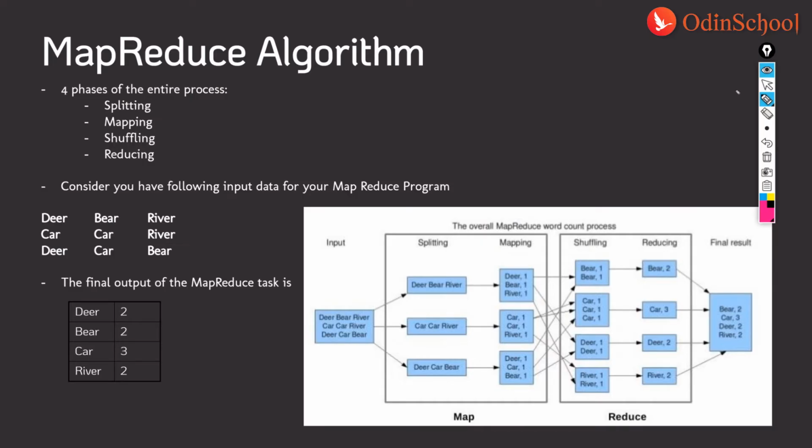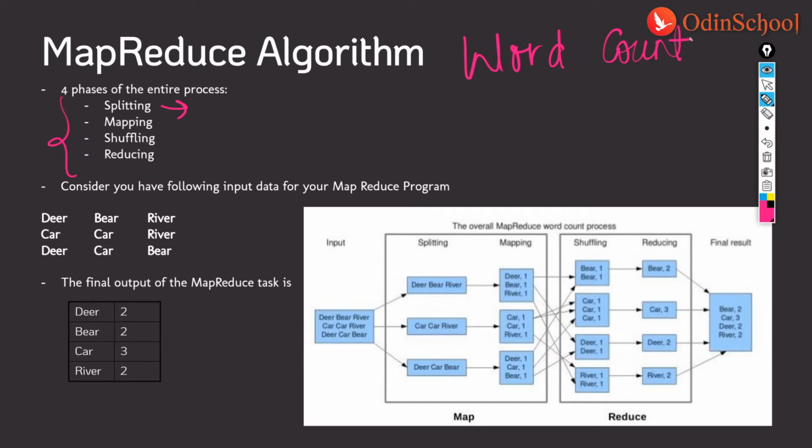Let us understand the classic MapReduce algorithm once again and quickly revise what we saw in our last module. There are four phases in the entire process: splitting, mapping, shuffling, and reducing. In splitting, we split the file for which we have to find the number of occurrences of each word, which is what we are solving today, word count.